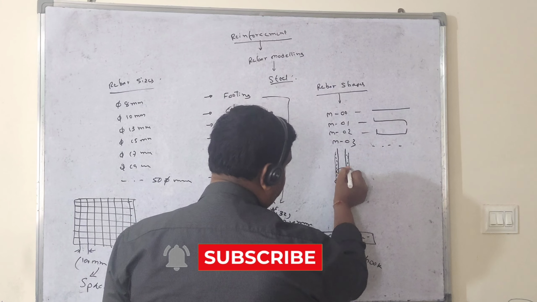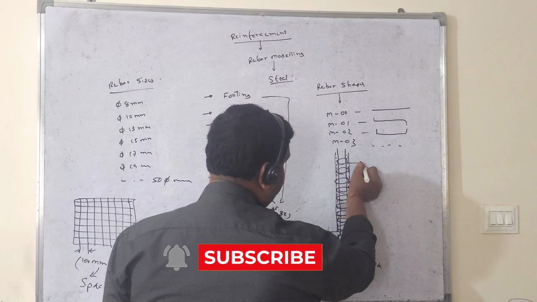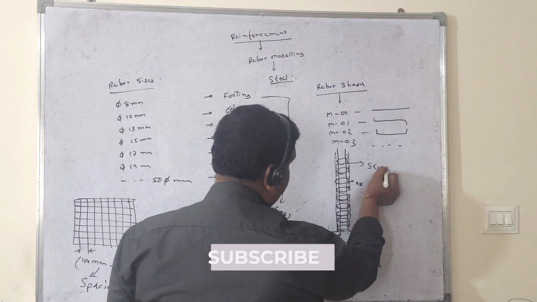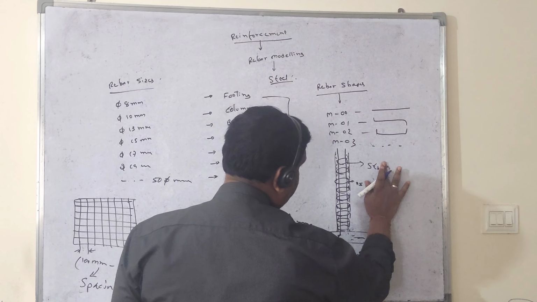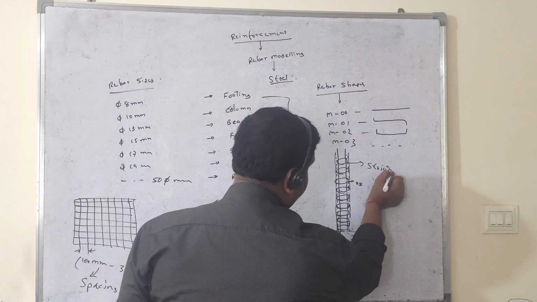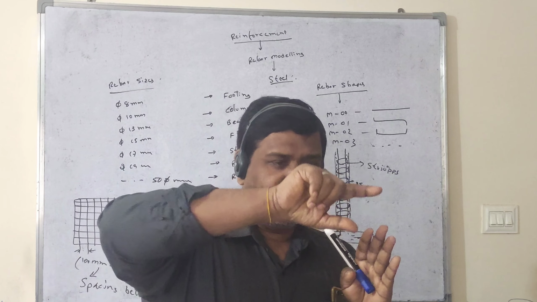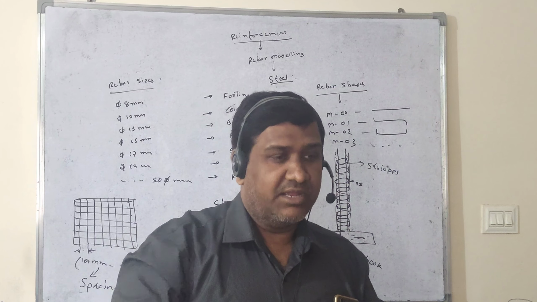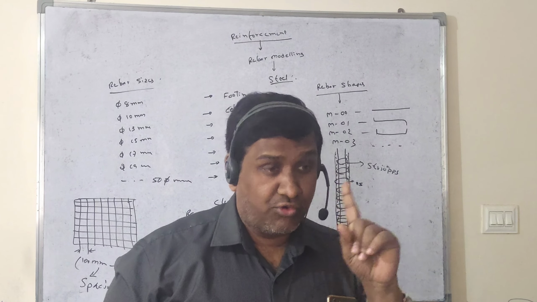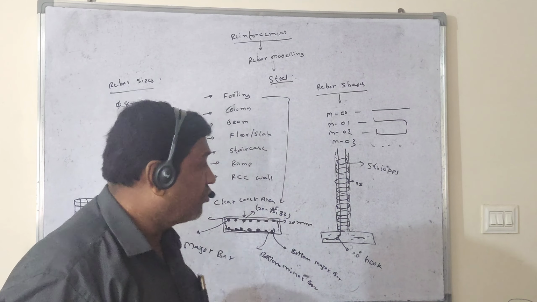You know stirrups? It will become like that, stirrups. Okay, stirrups. So this is a bar, but they make it in a round shape, and the stirrups will have hooks.